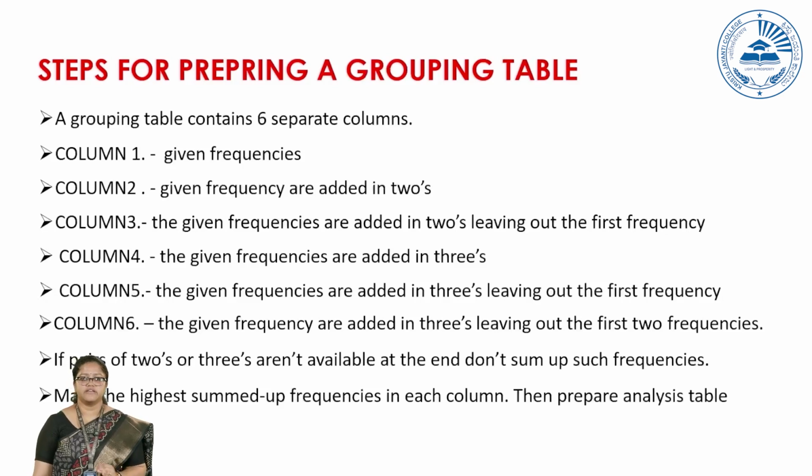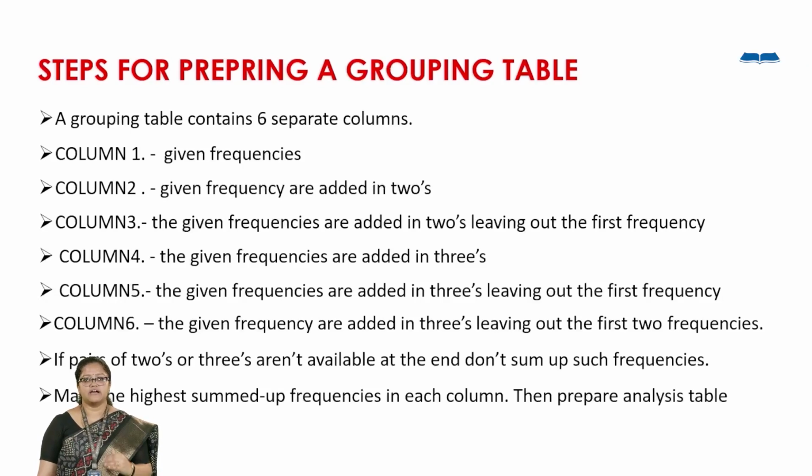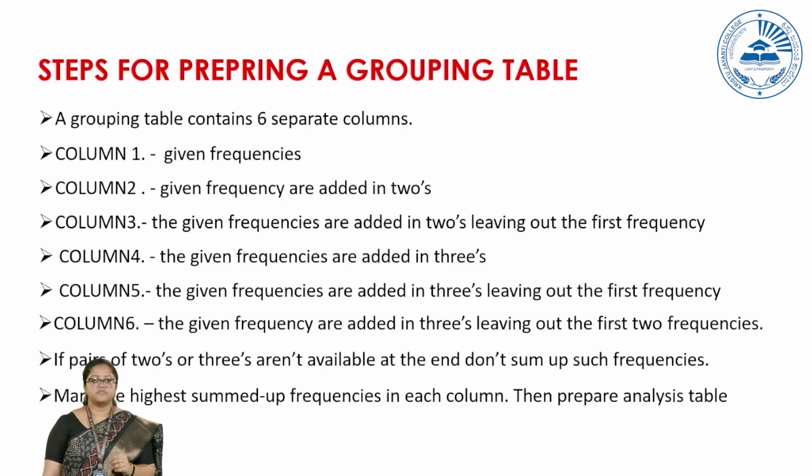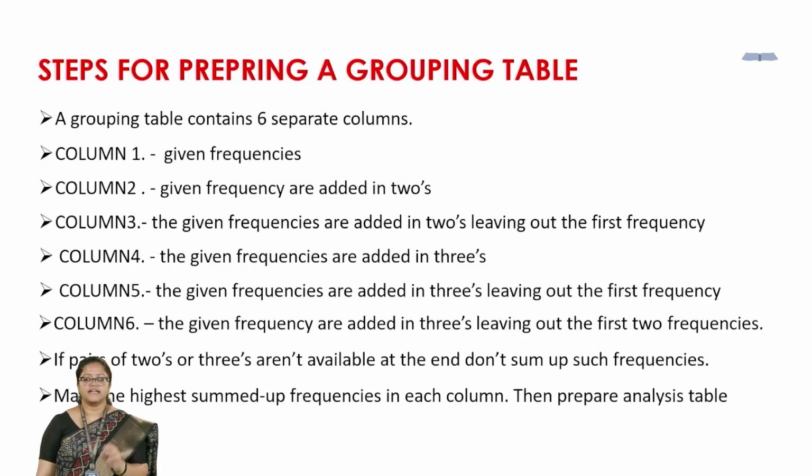If at the end the pair of 2 or 3 isn't available, don't sum up those frequencies; we leave those 2 or 3 values or 1 value which is not able to pair at the last. In each column the highest summed up frequencies we circle, and then we move on to the analysis table.